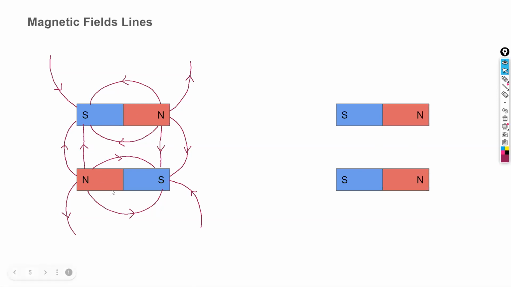This is when the north and south are opposites. The north-south, and the other one is, sorry, this one is south-north, and the other one is north-south. In this one here, it's almost the same situation. You're going from north to south. You could draw one of the big ones here.